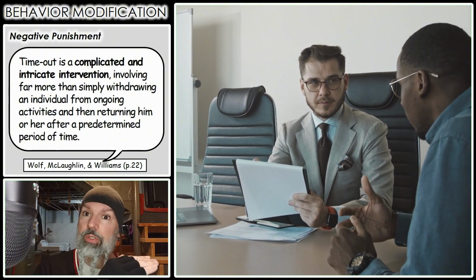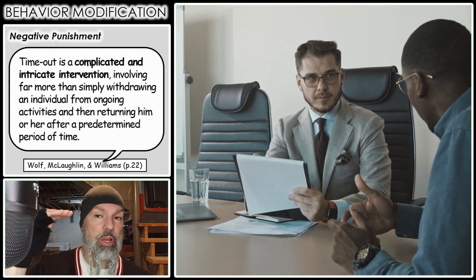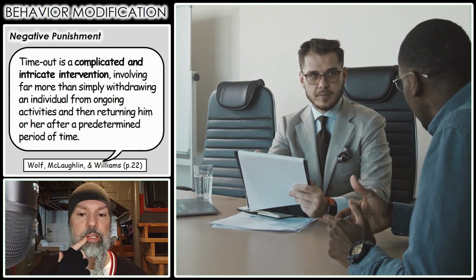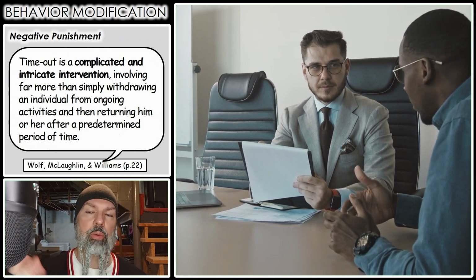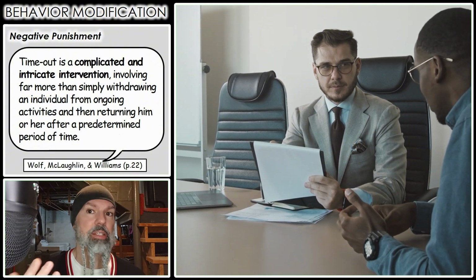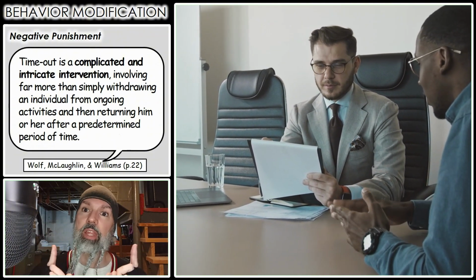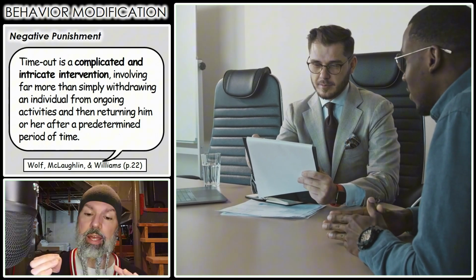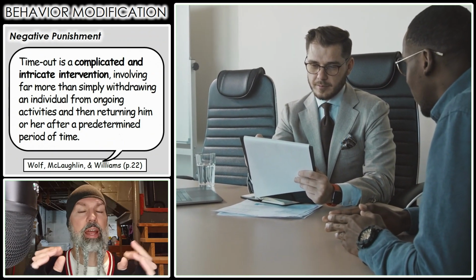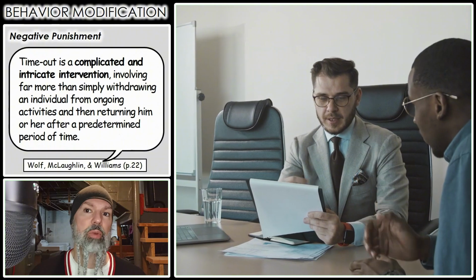Does that lose the effectiveness of it? In which case we can go back up higher and regain that effectiveness. You want to continually evaluate your timeout procedure's effectiveness to make sure that it's actually causing that behavior decrease that we're looking for. And if it's not, you need to modify it somehow to make sure that it can change that behavior and regain that effectiveness.